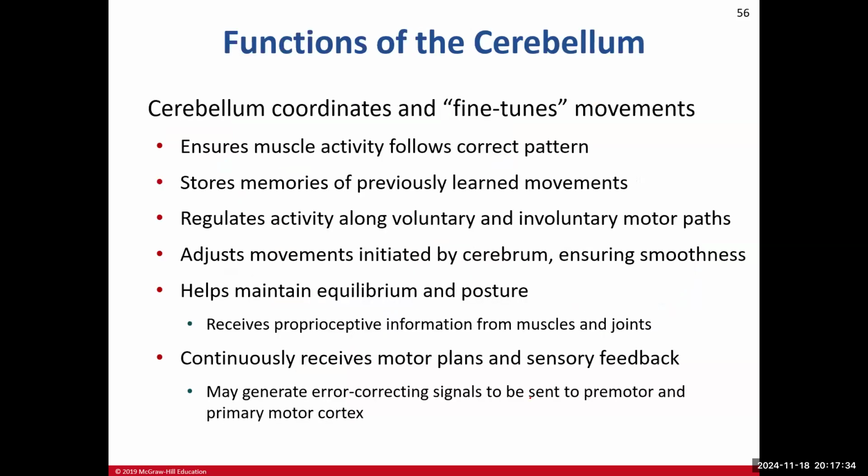So let's talk about some of those physiological functions there. This is why I tell folks, consider the cerebellum the place where we start to fine-tune our movements. You're going to see that after a while, you get better at certain dexterity-type movements, for example. I know I used the example of playing the piano.